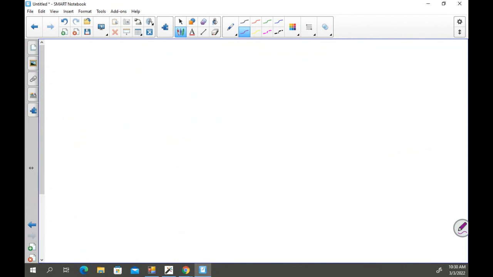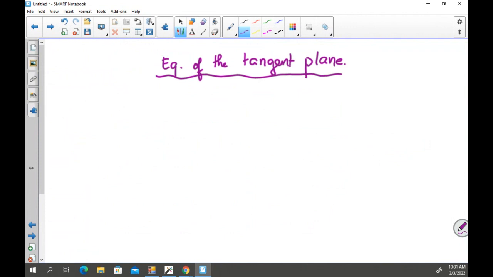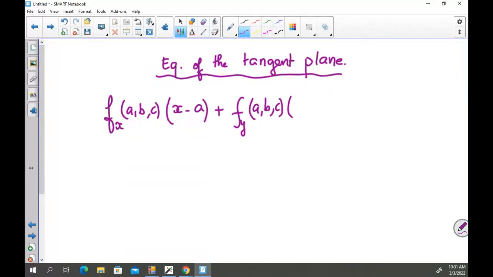So the rule you have here is the equation of a tangent plane. It will be fx at the point ABC multiplied by x minus a, plus fy at the point ABC multiplied by y minus b, and then plus fz at the point ABC multiplied by z minus c, equal to 0.